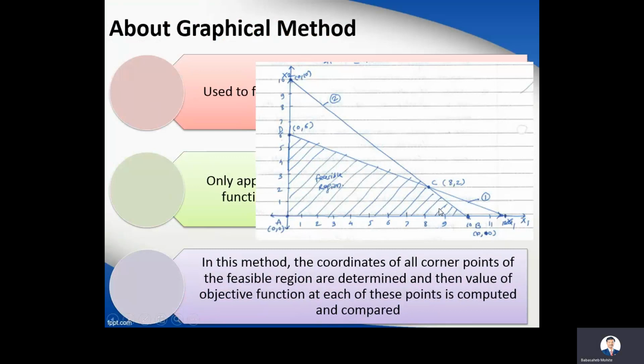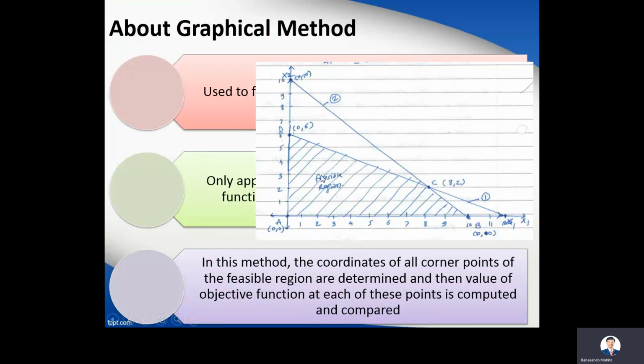So instead of discussing more detail, what is a feasible region? A feasible region is any bounded or unbounded region which gives different solutions, the feasible solutions, and any solution or range of solutions that comes within this region is called the feasible region.